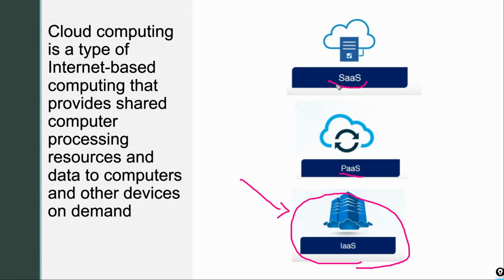And finally, SaaS, software as a service, and it could be Gmail, maybe Google Drive. So we can say cloud computing is a type of internet-based computing that provides shared computer, which is our infrastructure, processing resources, and data to computers and other devices on demand. So this is the concept of cloud computing, and we can categorize that into these three things.